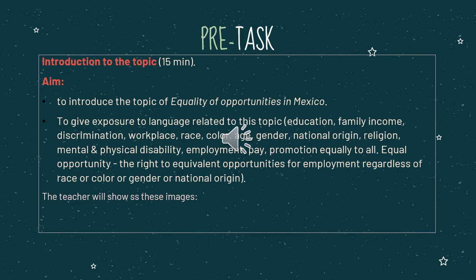And I would also consider that they are familiar with the concept of equal opportunity. This is the right to equivalent opportunities for employment regardless of race or color or gender or national origin. In my opinion, it is important that students know this kind of words because this will help them to have more ideas about things they would like to express.